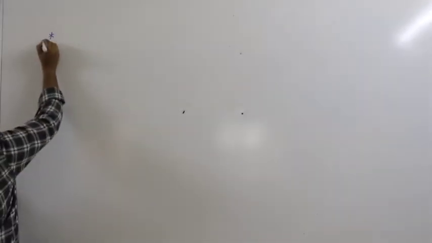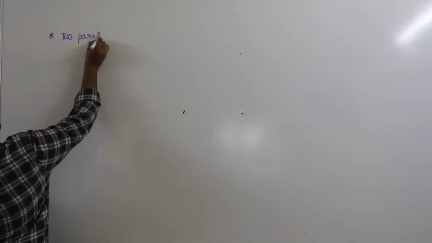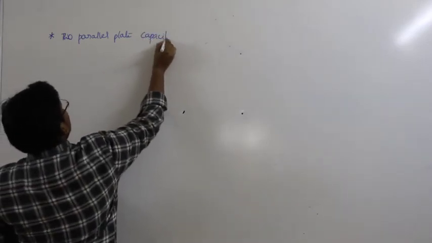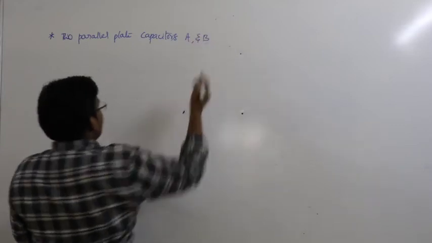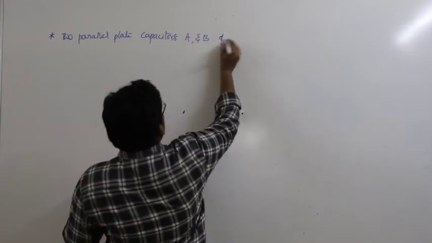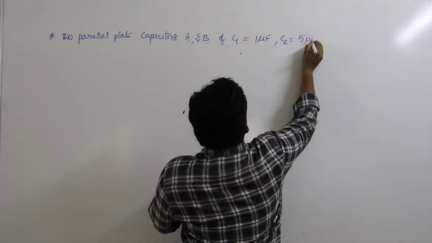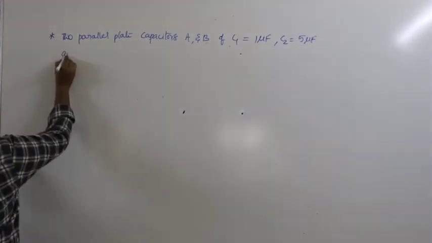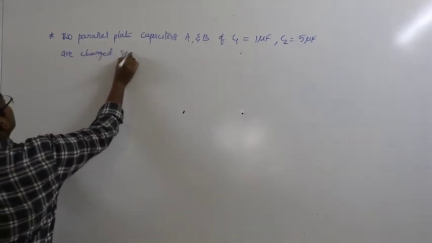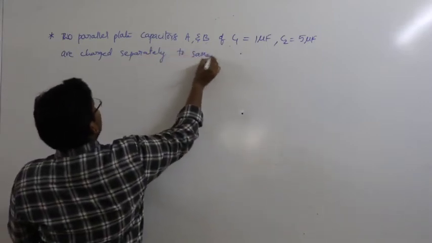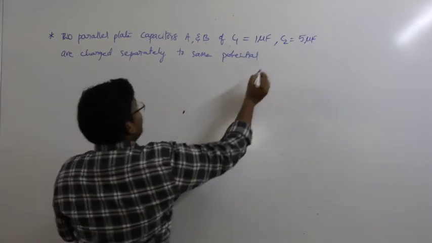So the question is, two parallel plate capacitors A and B of capacitance values C1 is 1 microfarad and C2 is 5 microfarad are charged separately to the same potential, 100 volts.